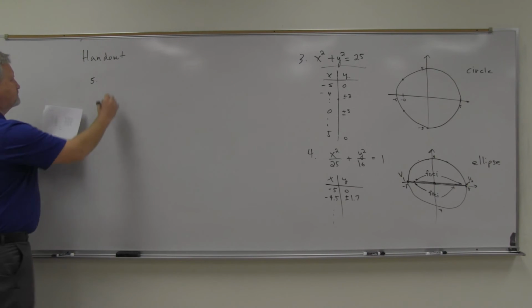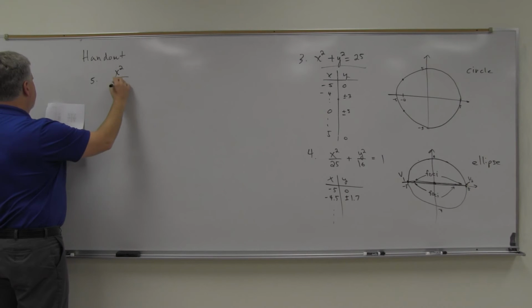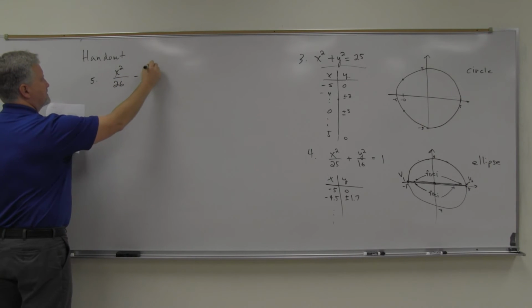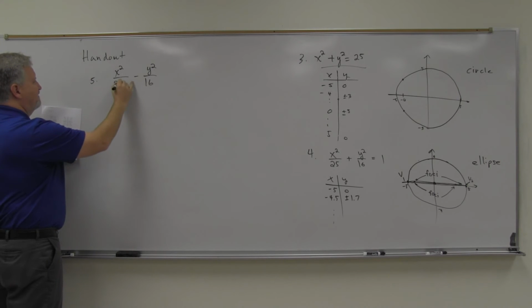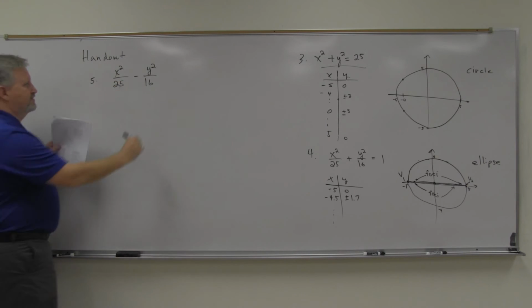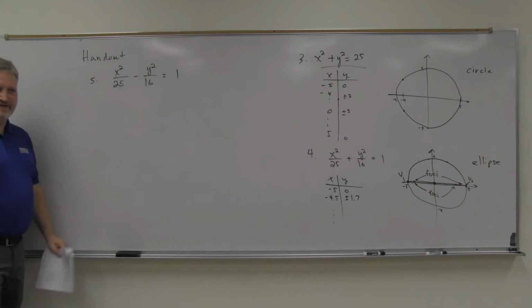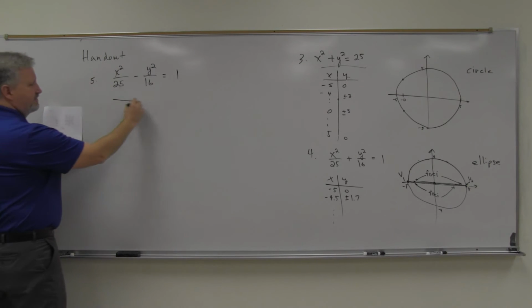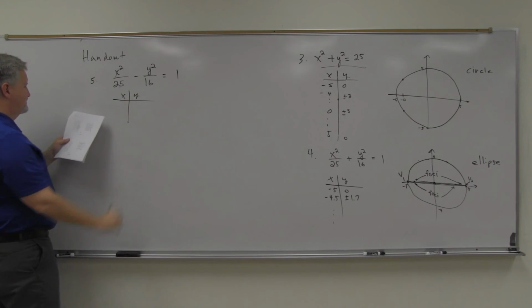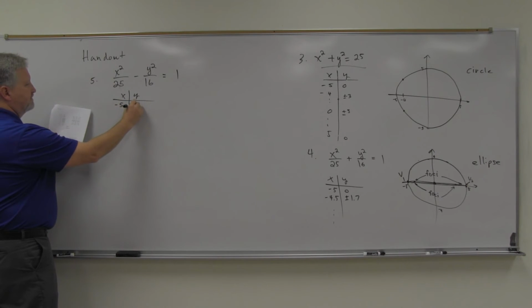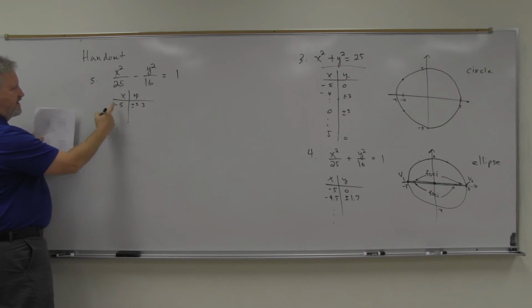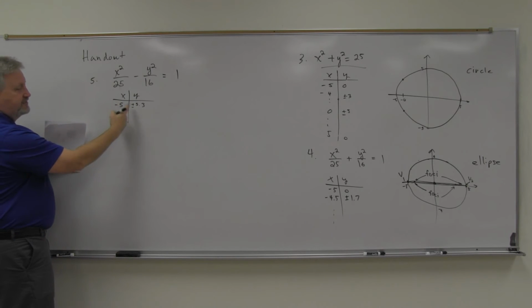Number 5. All right, so number 5, we've got x squared and y squared, but it's x squared over 25 minus y squared over 16 equals 1. If I do the table of values, I'm not going to write all those out here. Just mention that for every x value you choose, you get a couple of y values, and you do the same thing for the y values.